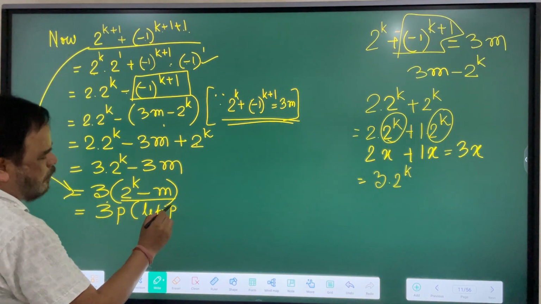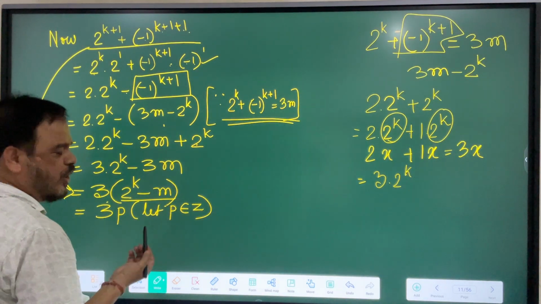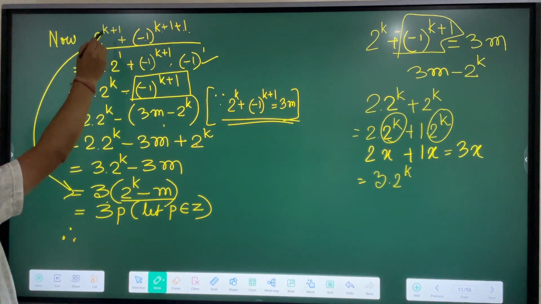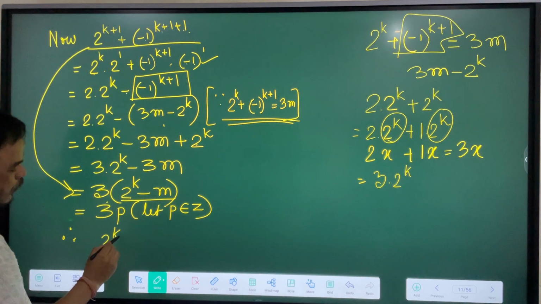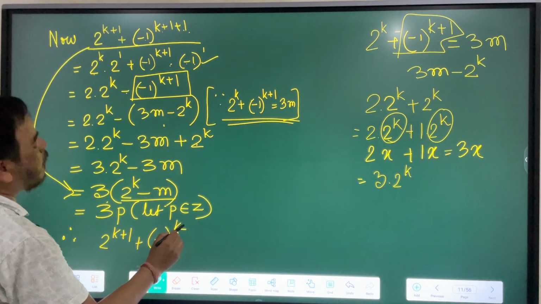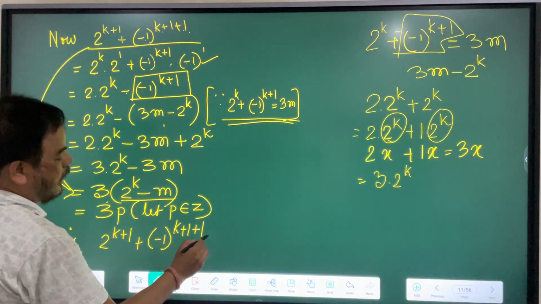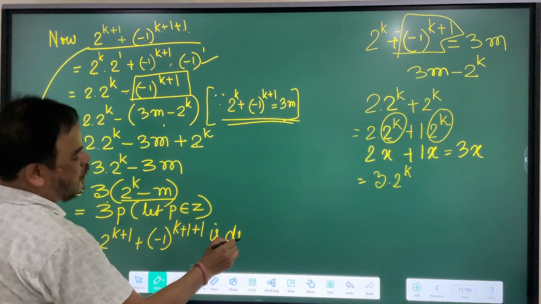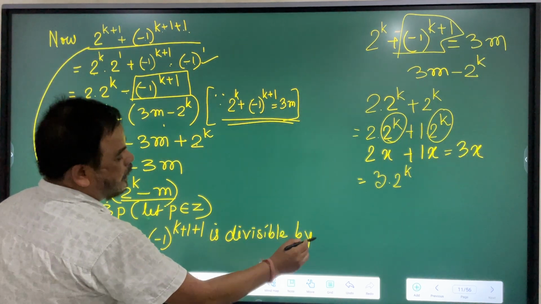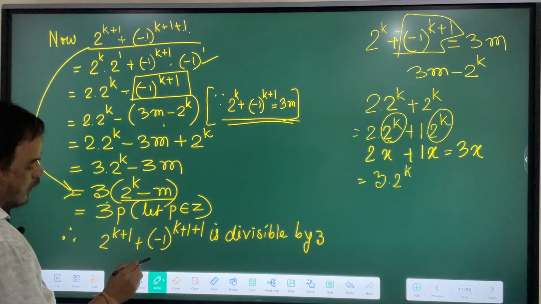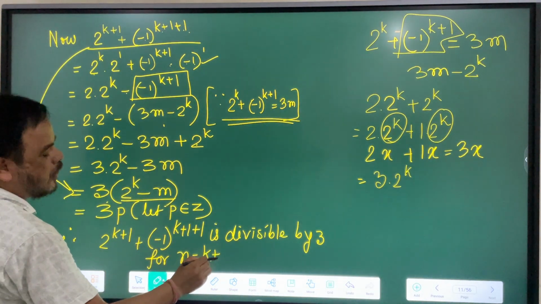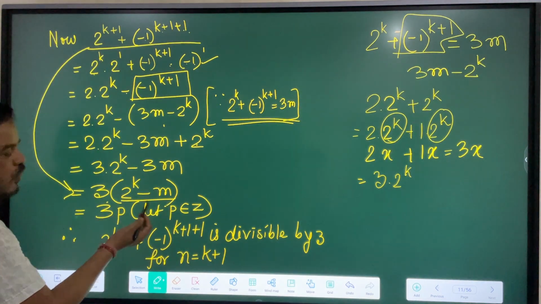Let p belong to Z, any integer. So therefore 2 to the power k plus 1 plus (-1) to the power k plus 1 is divisible by 3 for n equals k plus 1, because we have got 3 into something.